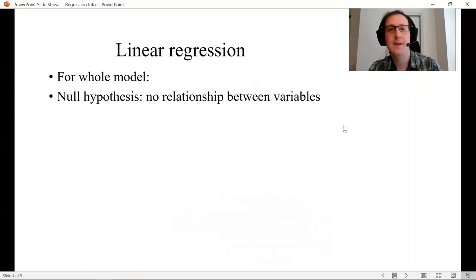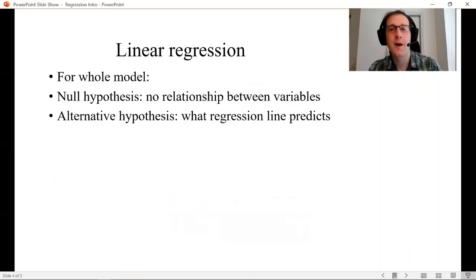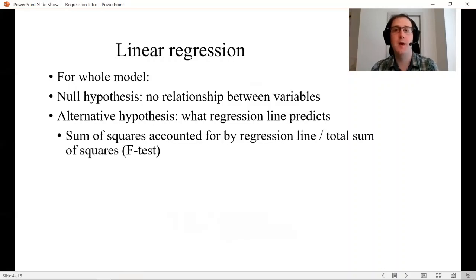So with that, you actually are going to get the data to do an F-test because you have all of that variability, and you're seeing how much of the variability does that regression line account for as compared to all of the variability in the dependent variable. And so because you have variability accounted for as compared to all of the variability in the outcome, that will give you an F-test value.